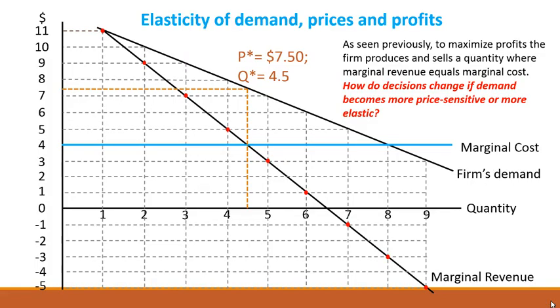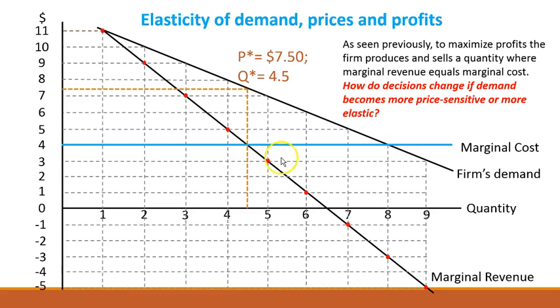I'll just go back to our standard example here, and I'm going to put in some information about marginal costs so that we have a profit maximizing price and quantity. So we've seen from our earlier logic of profit maximization that the firm should produce a quantity up to where the additions to its revenue just are balanced by the additions to its costs. So right there, profits are going to be maximized.